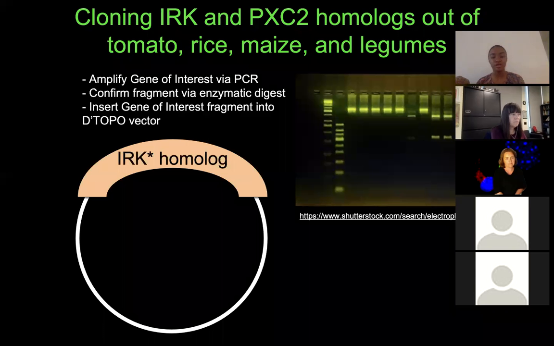So moving on, to begin with the construction of these expression vectors, we need to clone the gene of interest out of the homolog. So you have to amplify these genes via PCR, and then we can confirm the fragment, and we will create a smaller vector that holds the gene of interest.